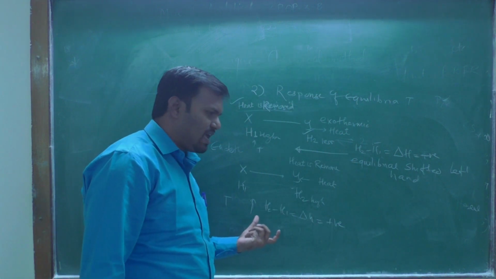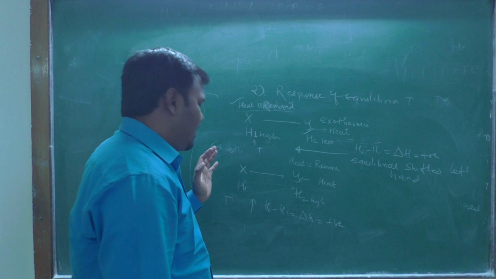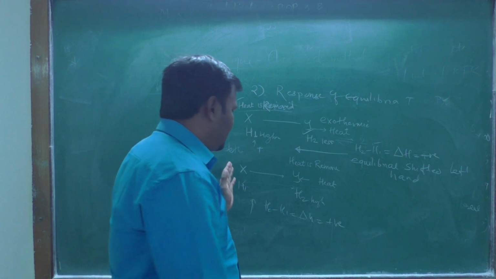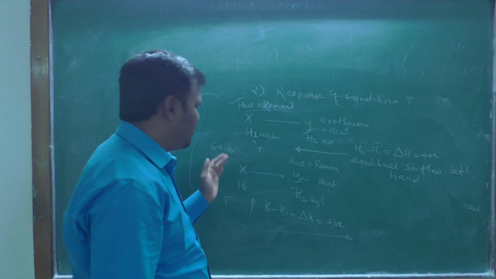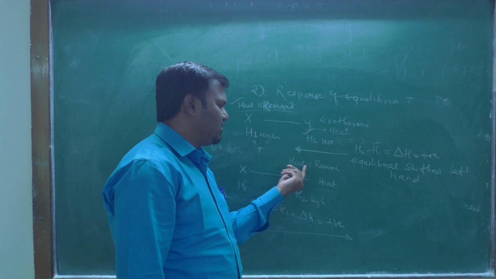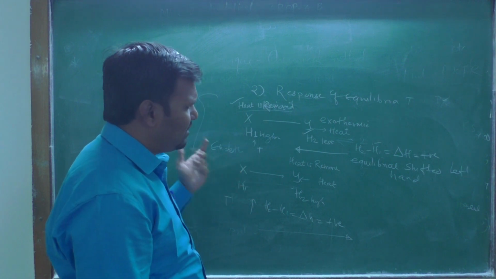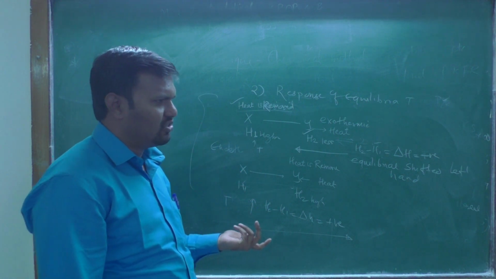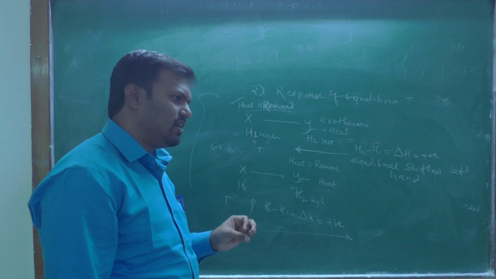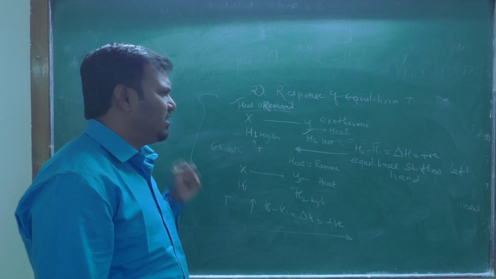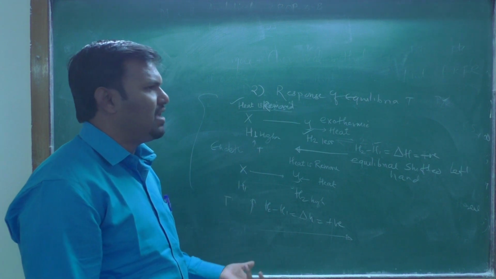And in the endothermic reaction, when heat is supplied and temperature is increased, the equilibrium will be shifted from X to Y, where heat is removed from Y. Remember that whether the reaction is exothermic or endothermic, the equilibrium is shifted to where the heat is removed from that system, that is, toward the higher enthalpy content.